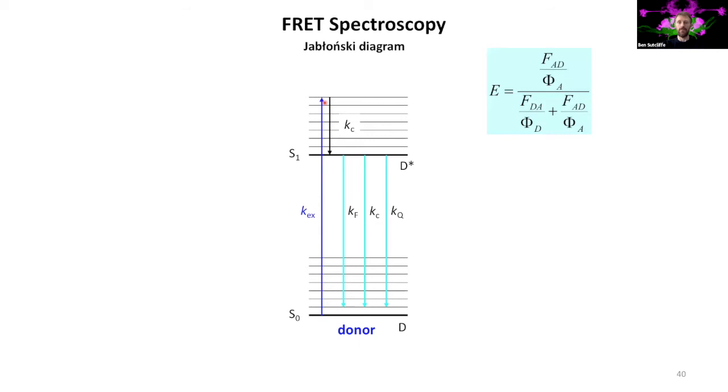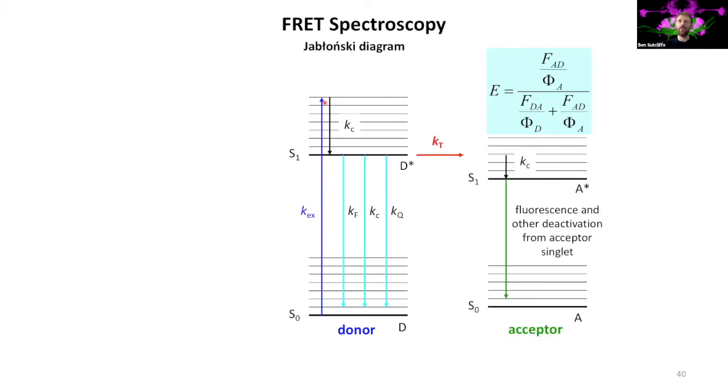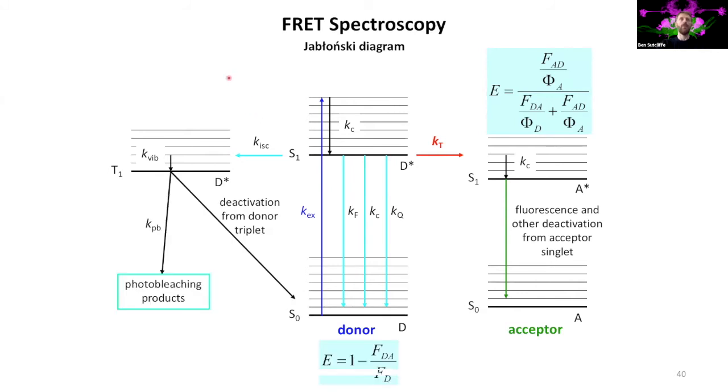You can look at the behavior of the donor in the presence of the acceptor, and the acceptor behavior upon FRET. You can look at the lifetime of the donor in the presence of the acceptor, and you can also look at photobleaching rates as well.